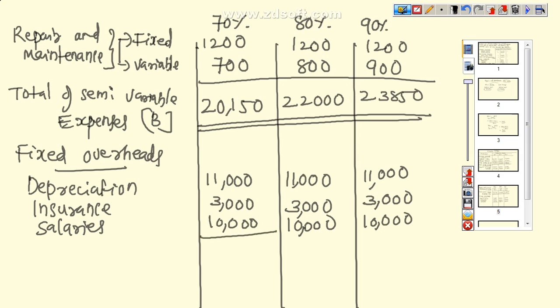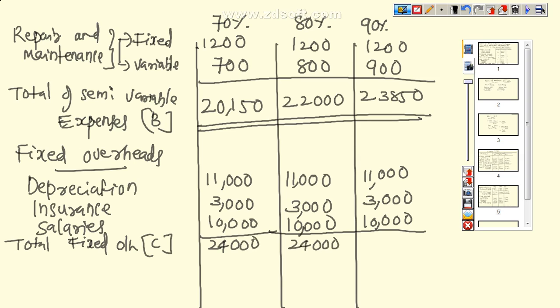So the total of fixed overhead, that is our C part. That is equal to 11 plus 3 plus 10, that is equal to 24,000. Here also 24,000.